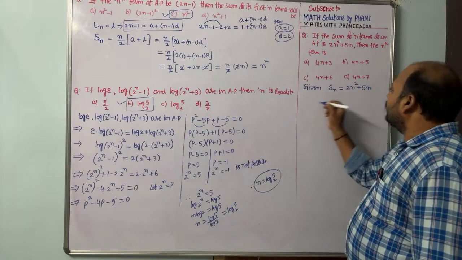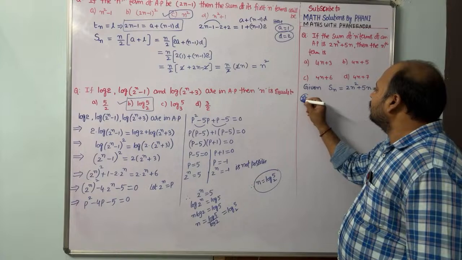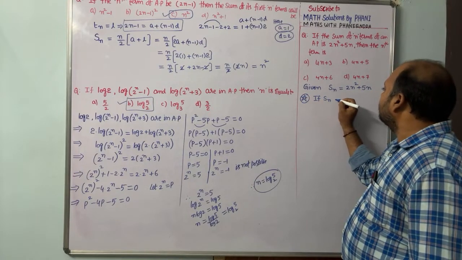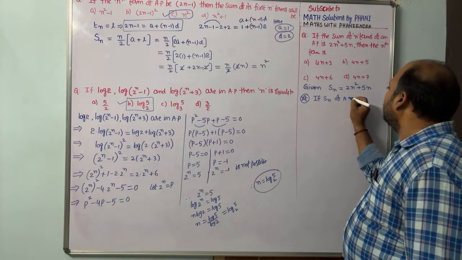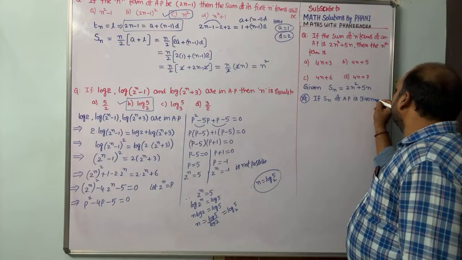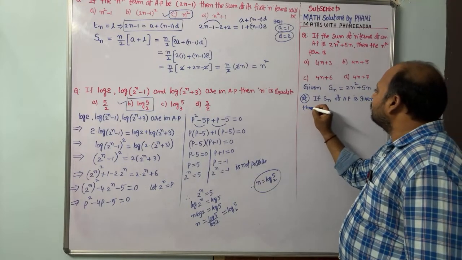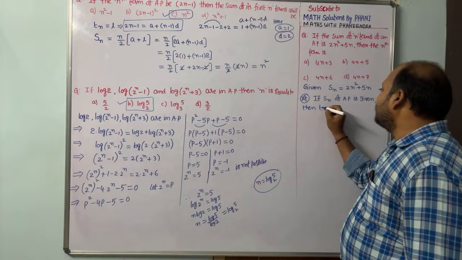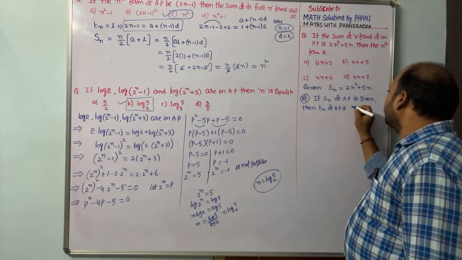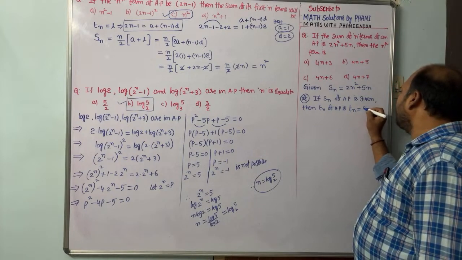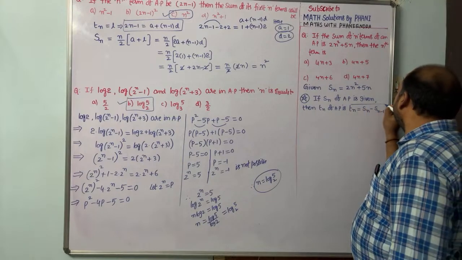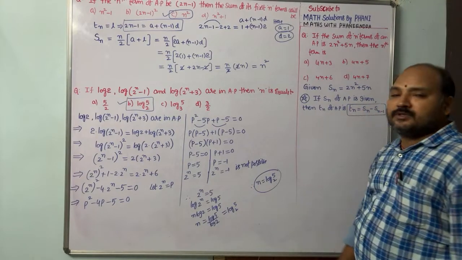You know that one of the important properties, if Sn of AP is given, then the nth term Tn of AP is Tn equal to Sn minus Sn minus 1. So this is the formula we can apply, students.